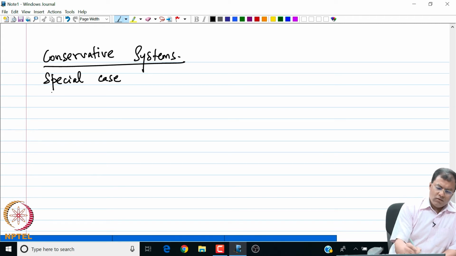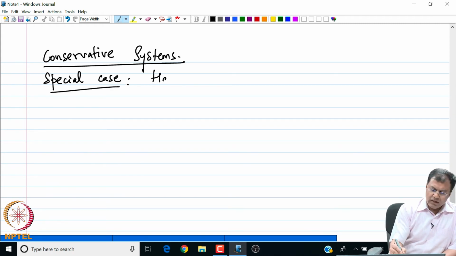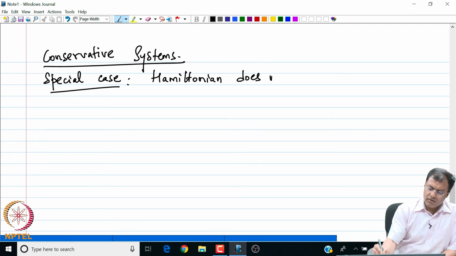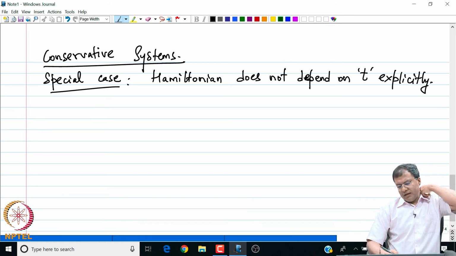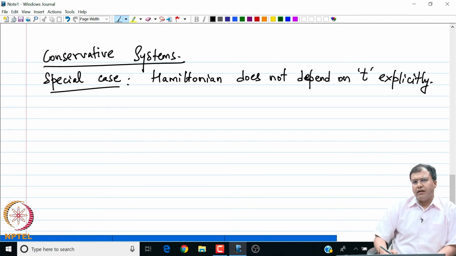So when the Hamiltonian does not depend on the independent variable t explicitly, we have arrived at the conservative system.